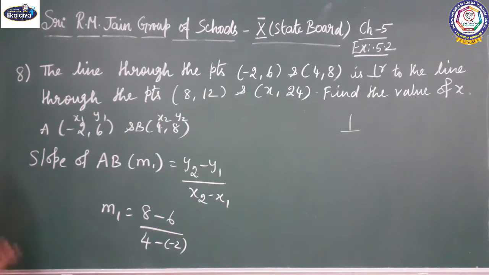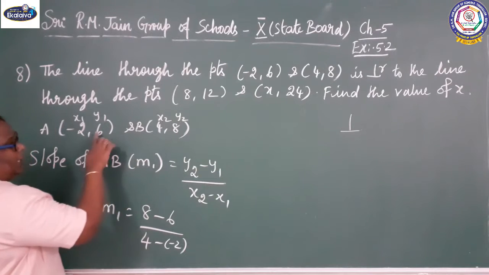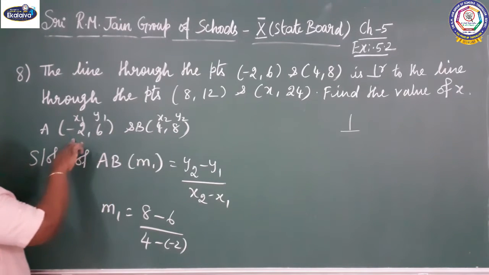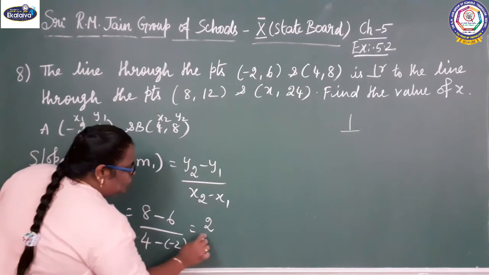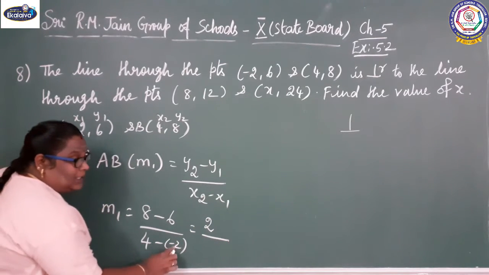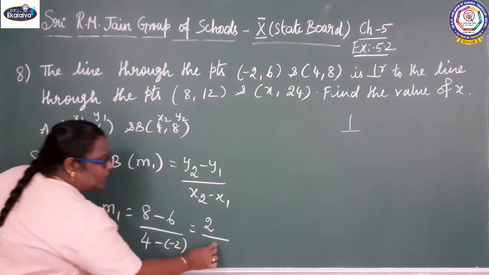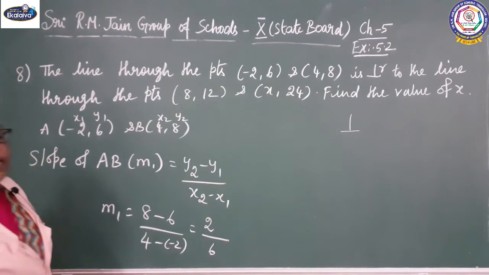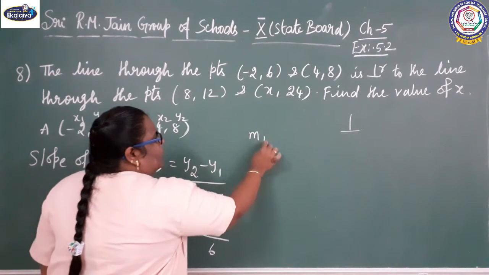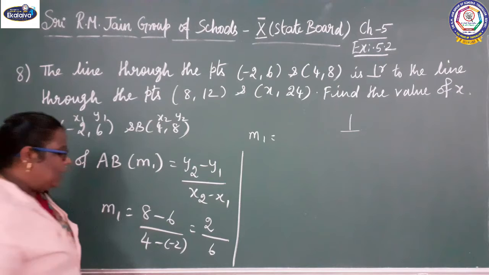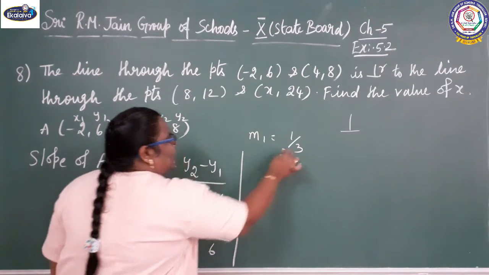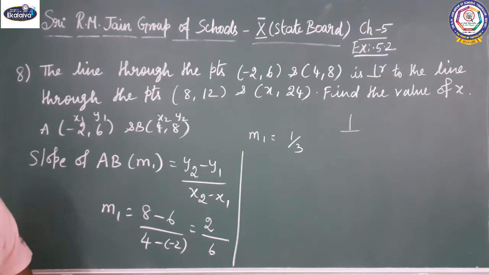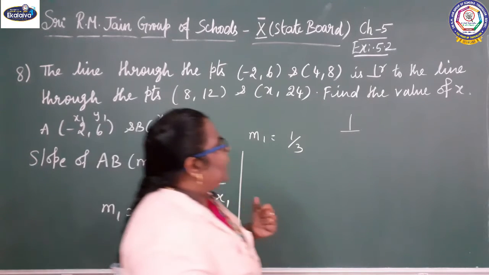Whenever a minus comes, safely you can put a bracket. 8 minus 6 by 4 minus of -2 gives 2 by 4 plus 2, since minus into minus is plus, which is 6. What is the value of M1? When you cancel, you get M1 equal to 1 by 3.